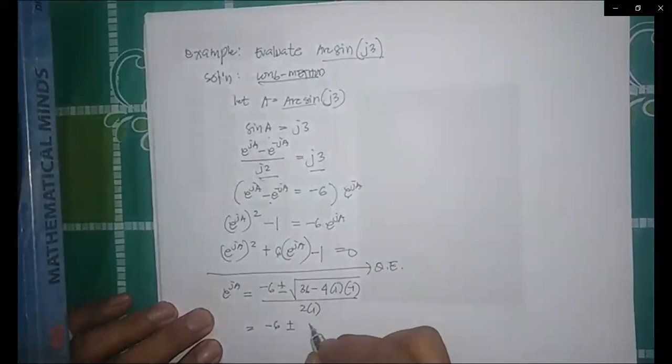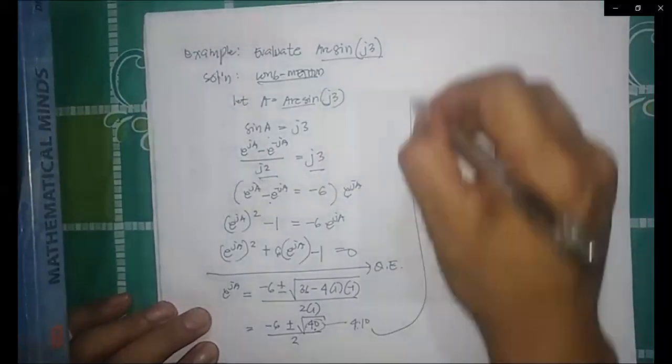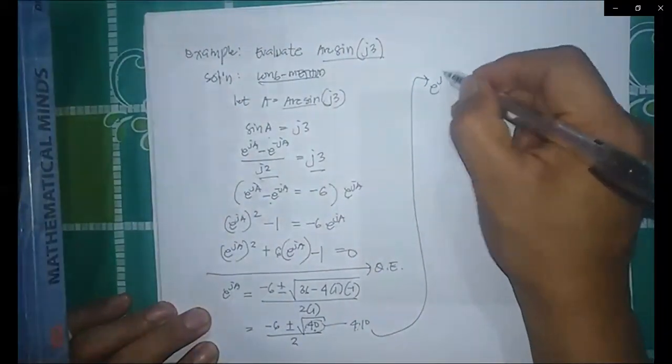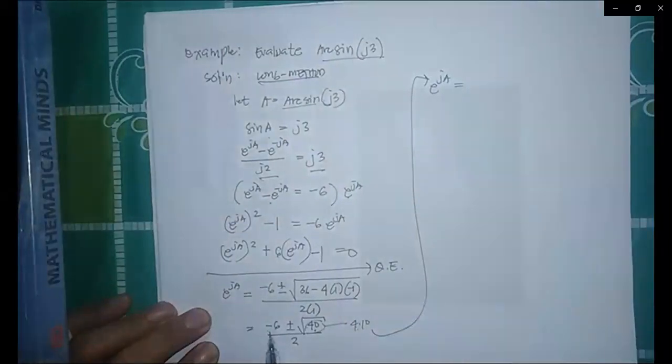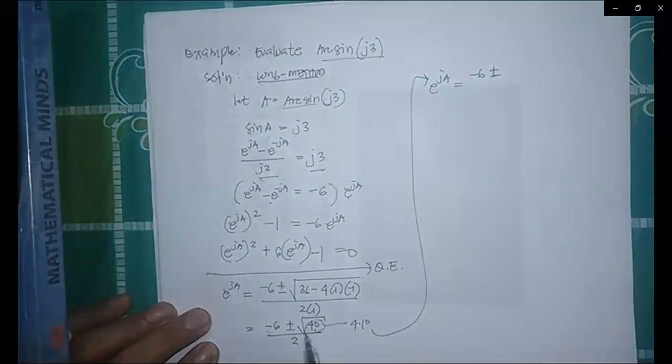So we will simplify the terms inside the square root sign. That will become 40. That is 36 plus 4 equals 40, or that is just 4 times 10. Take note, 4 there is a perfect square.